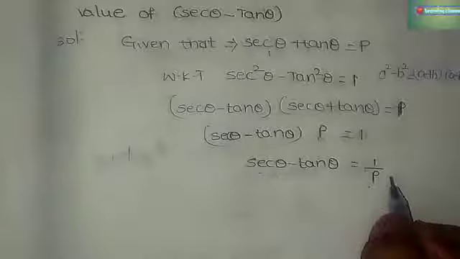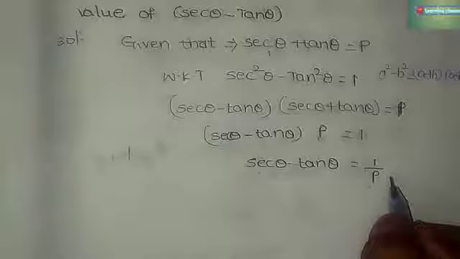It is in the form of a square minus b square, which is equal to a plus b into a minus b. So cosecant theta plus cot theta into cosecant theta minus cot theta is equal to 1.